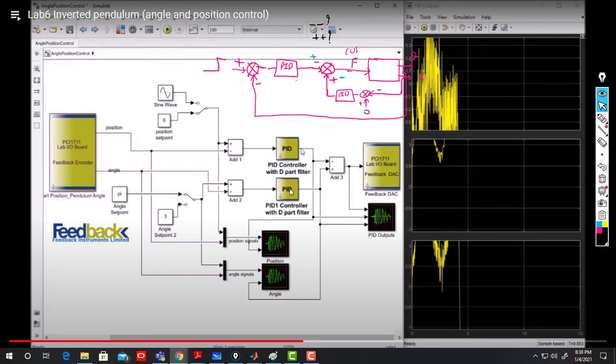Connected output to the PID controller, and the X, which is the position, subtracted by a reference signal.